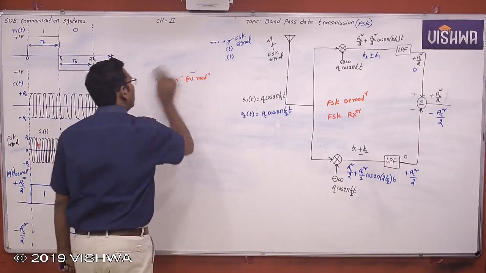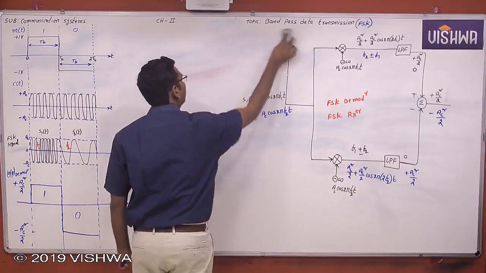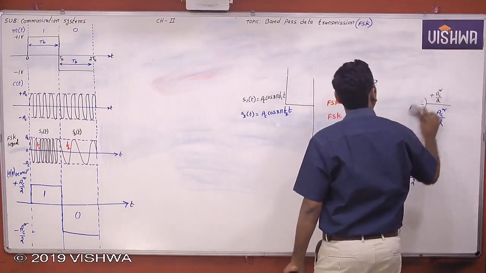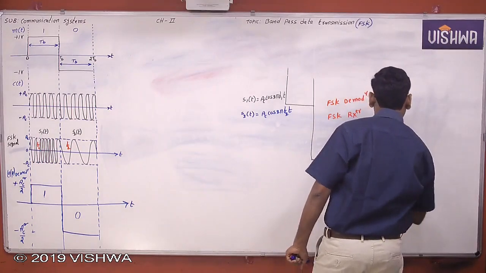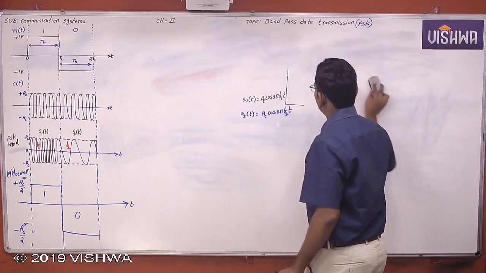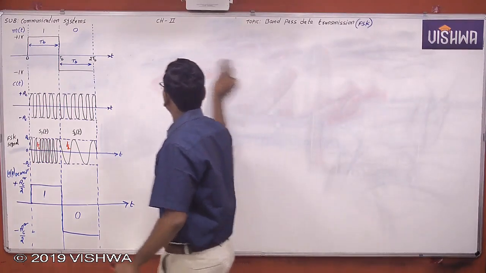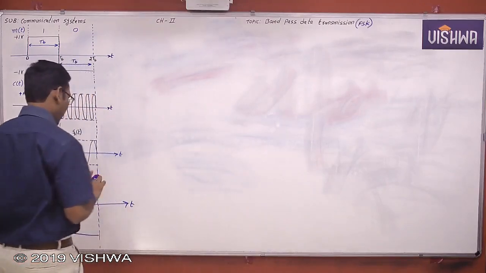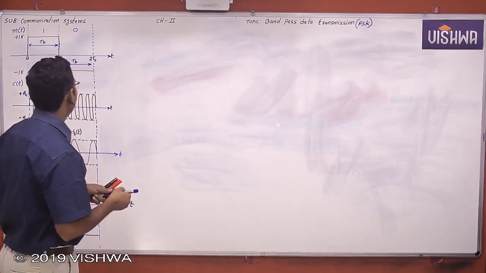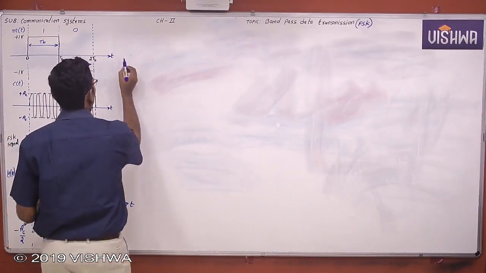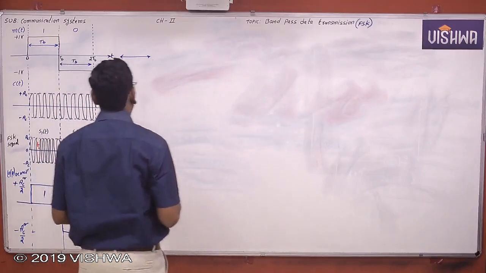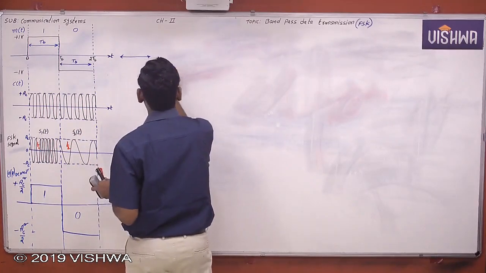Now we'll see what is the bandwidth required to transmit. Very simple, right? Because all are rectangular pulses, the bandwidth is nothing but the sinc function. This is a binary 1 or binary 0.